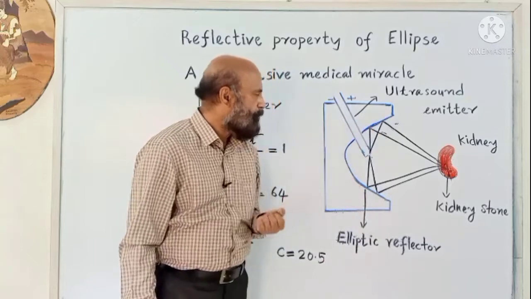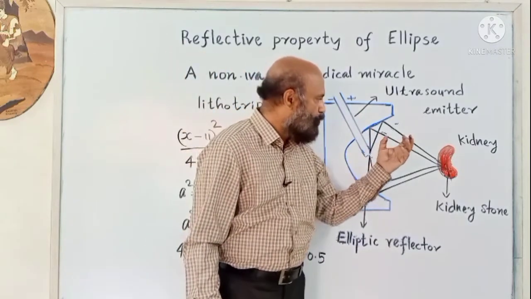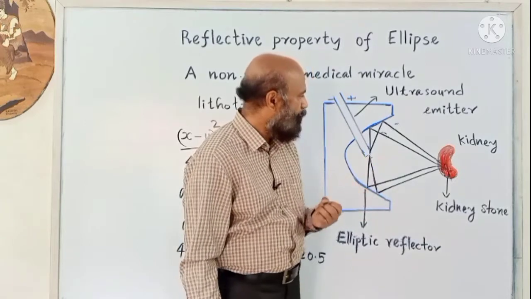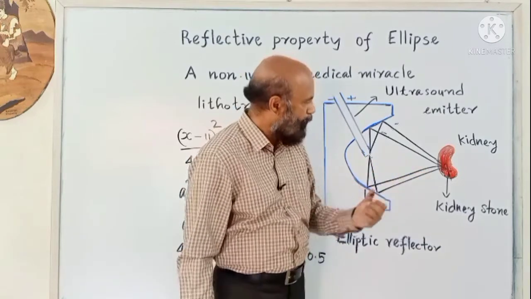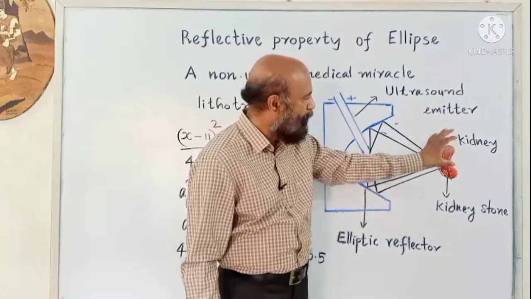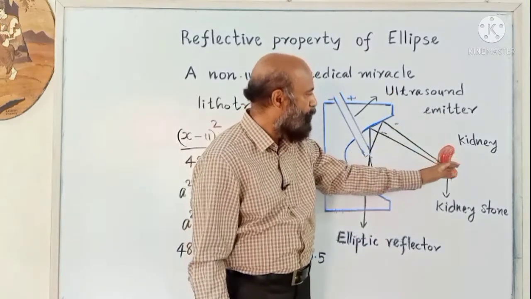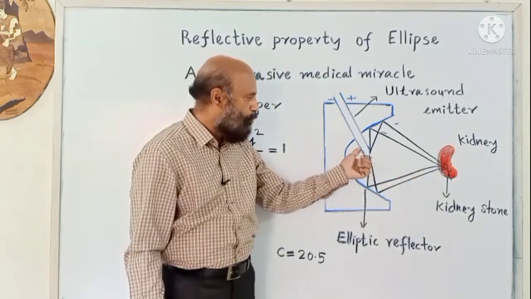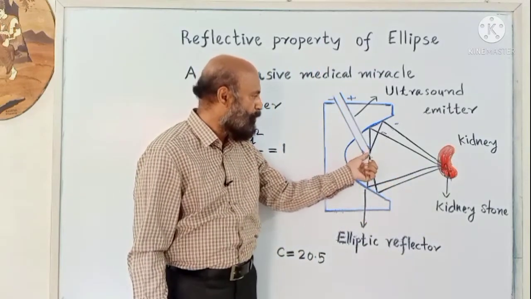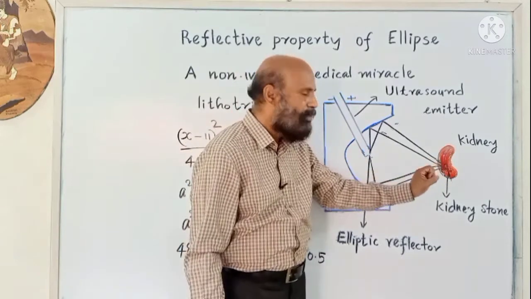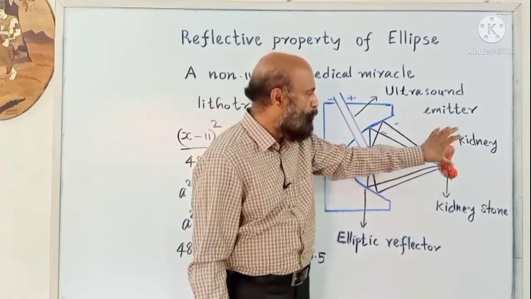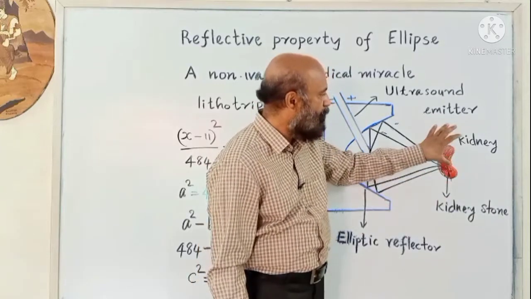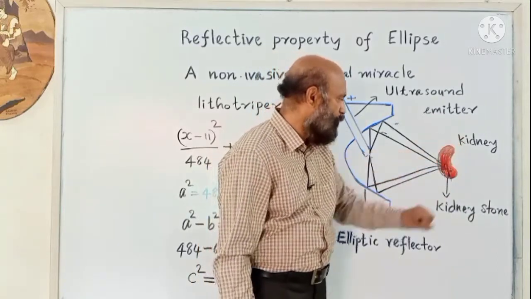Then the kidney stone of a patient can be crushed if it is kept at the other focus. At one focus is the source of high frequency sound wave; at the other focus, the patient should be placed such that his kidney is at the other focus.